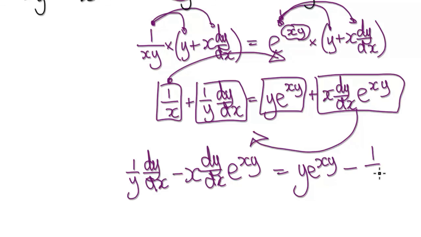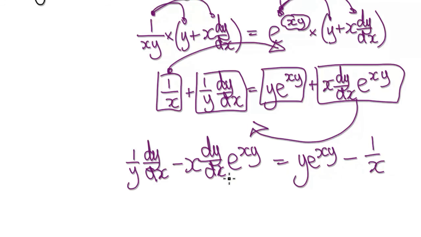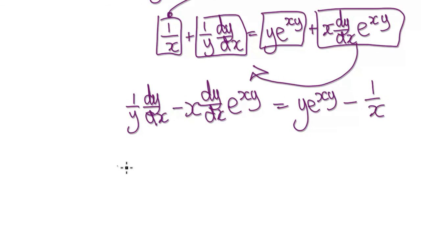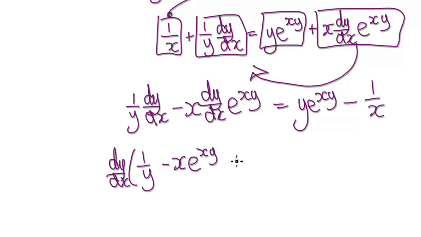take away this thing here, 1 over x. So now all the dy by dx are on one side and all the rubbish are on the other side. So now just factorize dy by dx. So that will then give us dy by dx, 1 over y, take away x e to the power of xy equals y e to the power of xy, take away 1 over x.